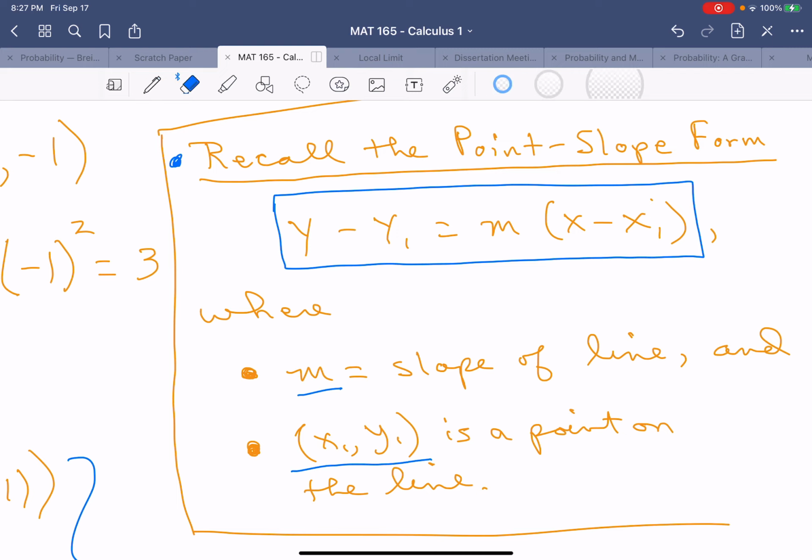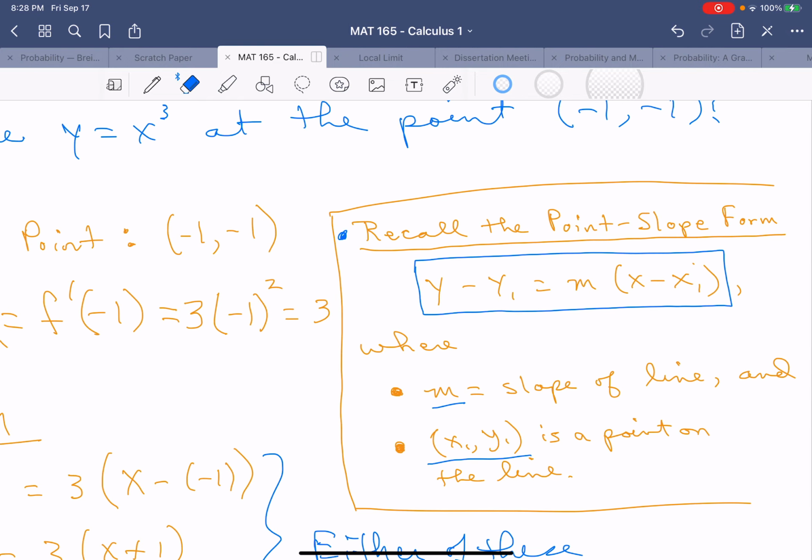And just so you know, problems like this, where you're given an equation or a function and a point on the curve of the graph, and you're finding the equation of the tangent line, that's a problem you're going to see over and over in this class.